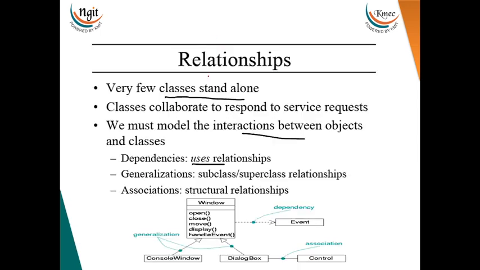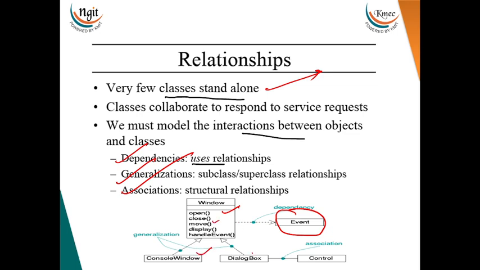Then relationships. What do you mean by few classes can stand alone? But there is a relationship between them. That is called dependency, generalization, association, interaction. There is a window that is dependent on an event, correct, which is represented by a dotted line. Open: the event has opened and the class changes, correct, and close another.